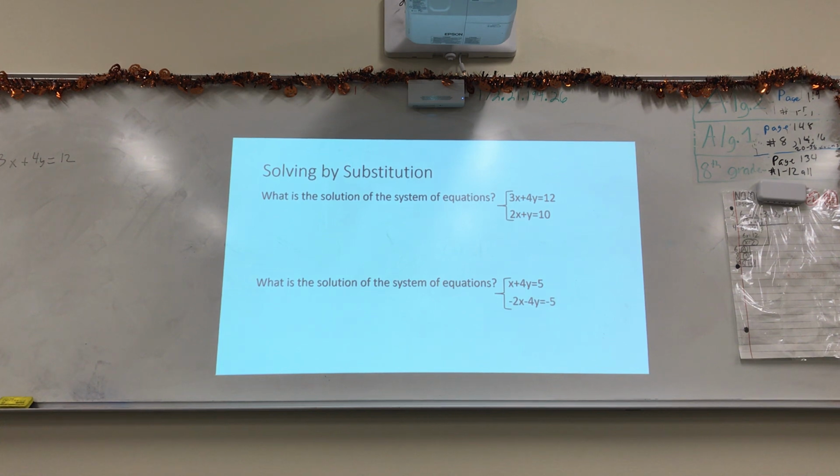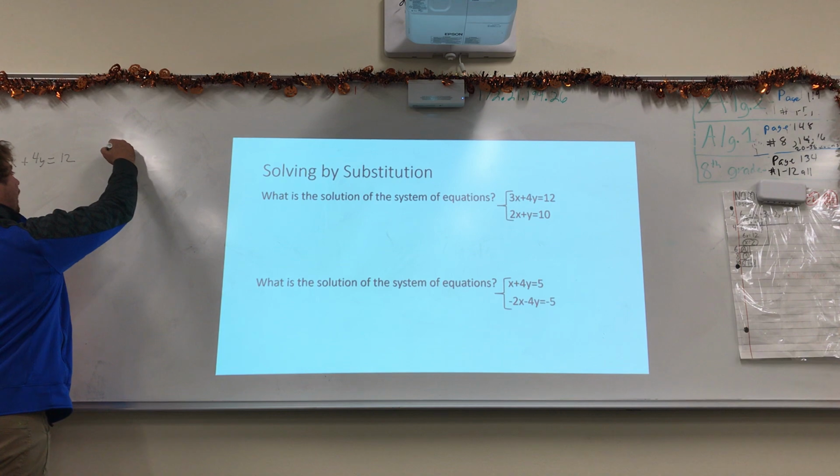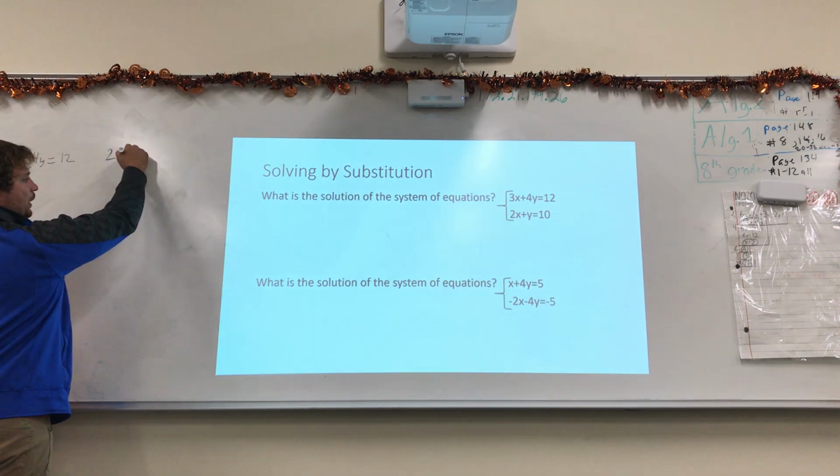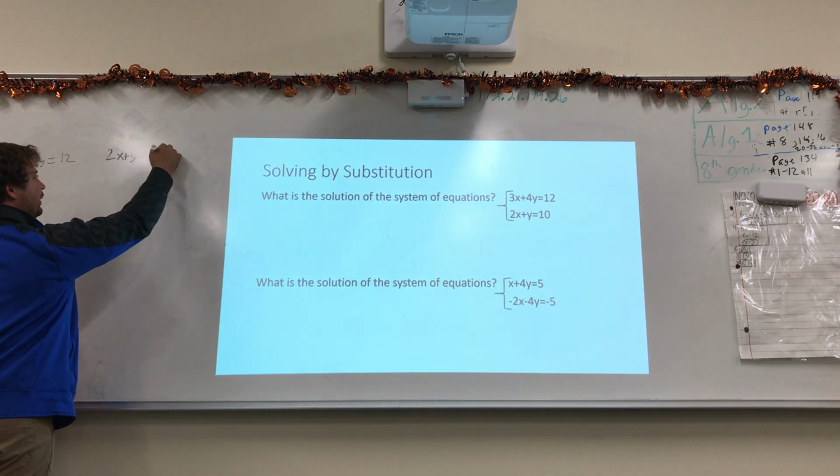So, using substitution. Trying to decide which way I want to use it. Let's make it the way that's probably easier for the solving side of this. You could set them both equal to y. I'm not against it, but on this one, I kind of am.